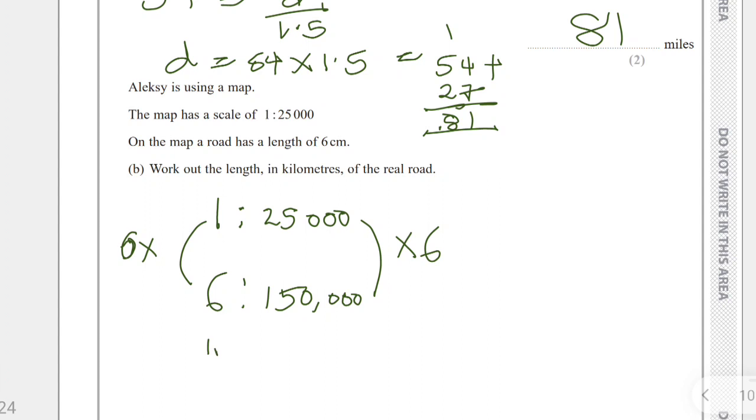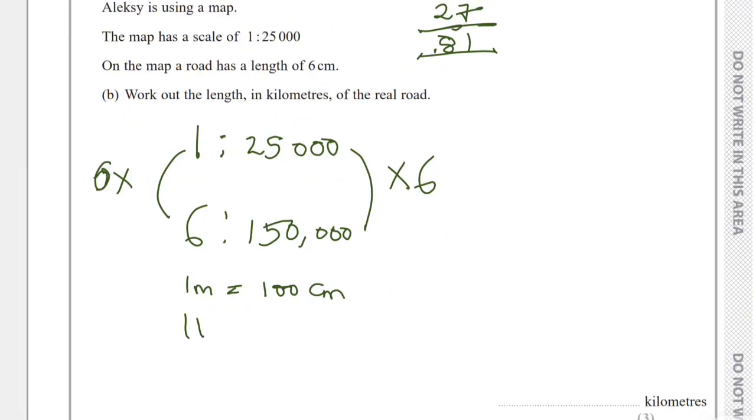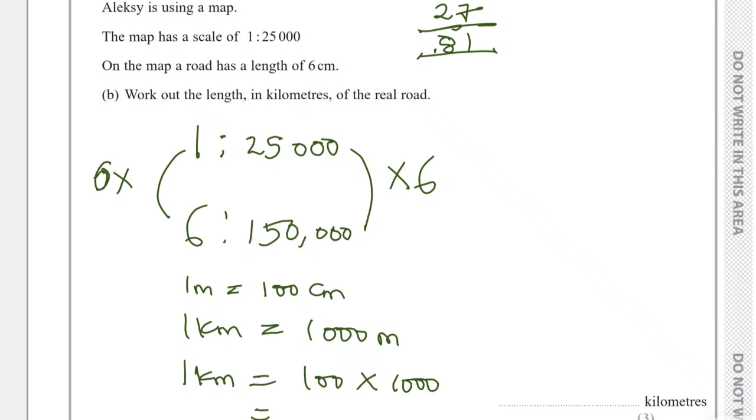So we need to convert that to kilometers. 1 meter equals 100 centimeters. Then 1 kilometer equals 1,000 meters. So 1 kilometer in centimeters is 100 times 1,000, which equals 100,000 centimeters.